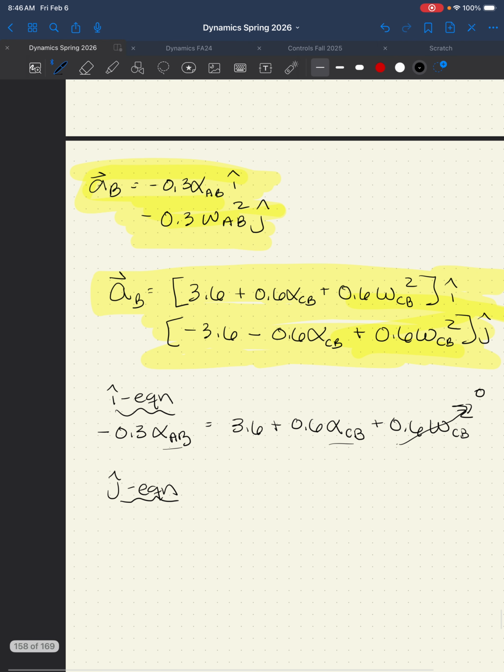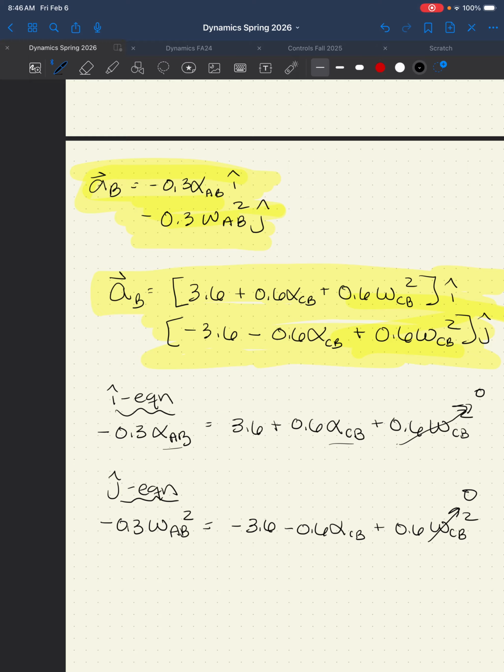So I should have minus 0.3 omega AB squared equals minus 3.6 minus 0.6 alpha CB plus 0.6 omega CB squared. Again, this goes to 0.